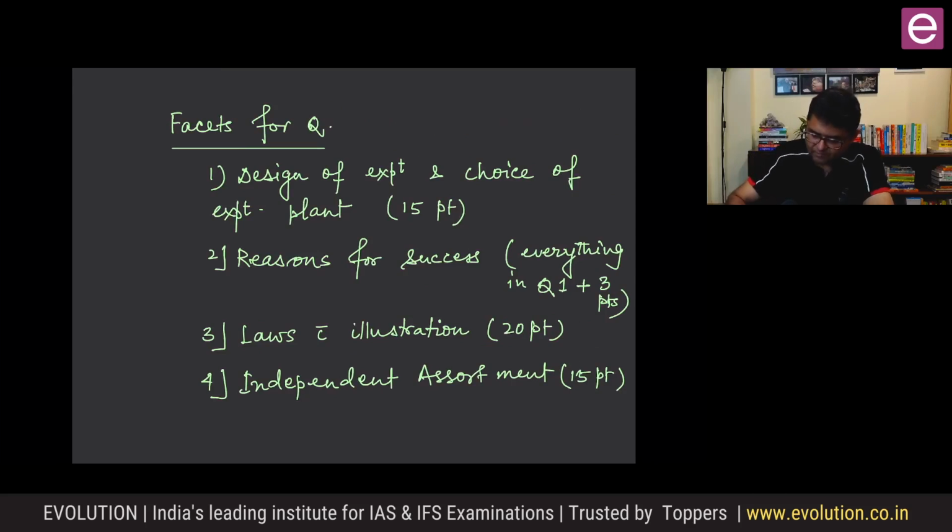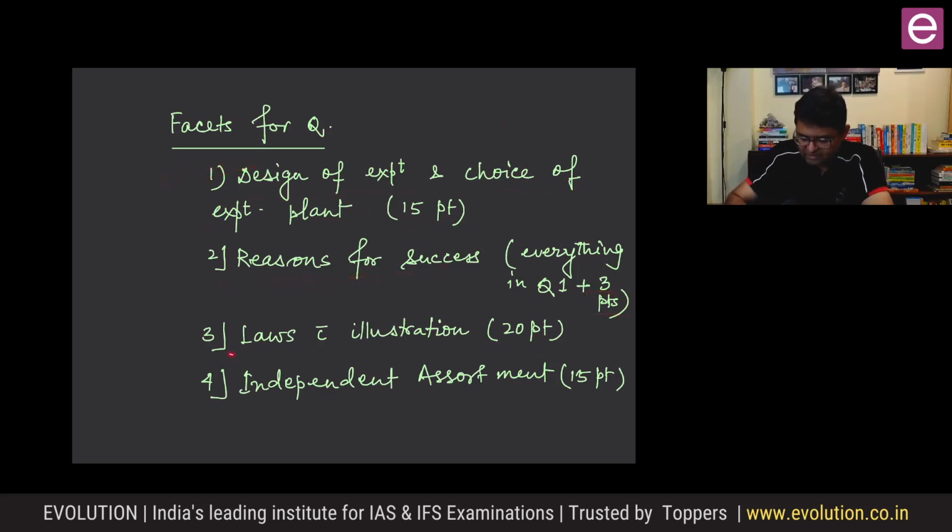First, design of Mendel's experiment and choice of experimental plant. Collect 15 points. Reasons for success. So everything in question number 1 plus 3 more points which I have given. So that is the second question.